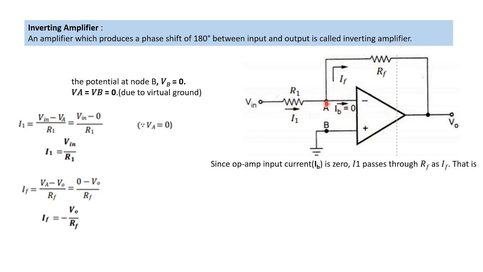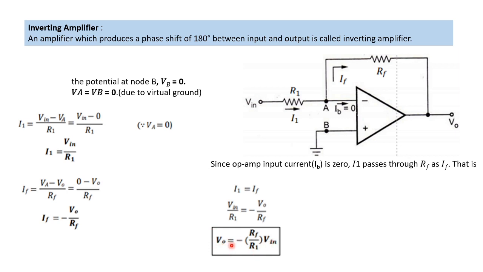Applying KCL, we get I1 is equal to IF. Equating the I1 value and the IF value, we get a relation between input and output. So the output V naught is equal to minus Rf divided by R1 times Vin.